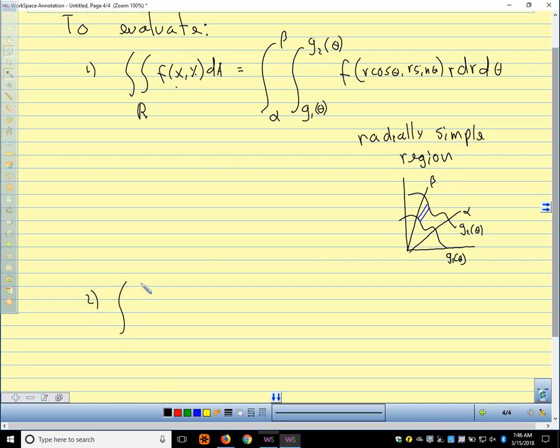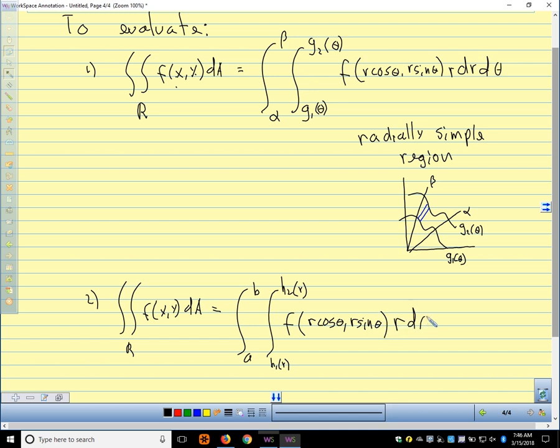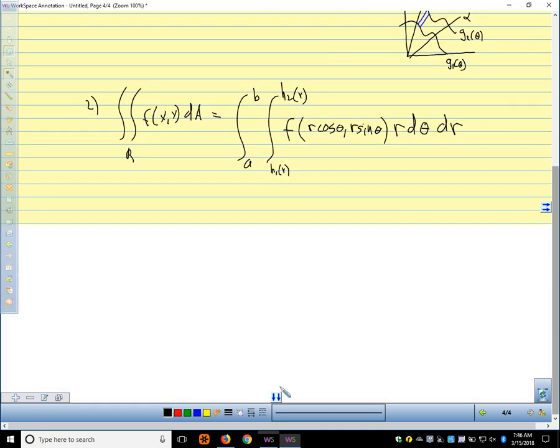We could say our double integral over our region, f of x, y, dA, is going to equal the integral from a to b, the integral from h1 of r to h2 of r, we still have to write our function in terms of polar coordinates, r d theta dr. And this is angularly simple. This is much, much less common.